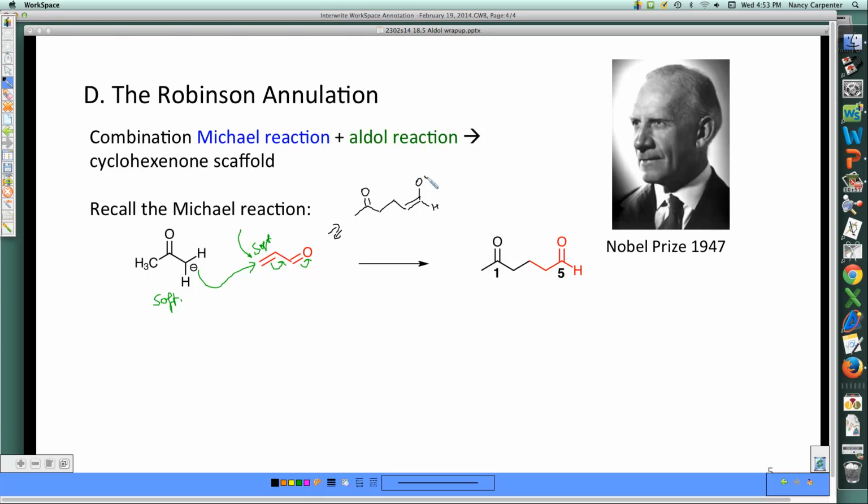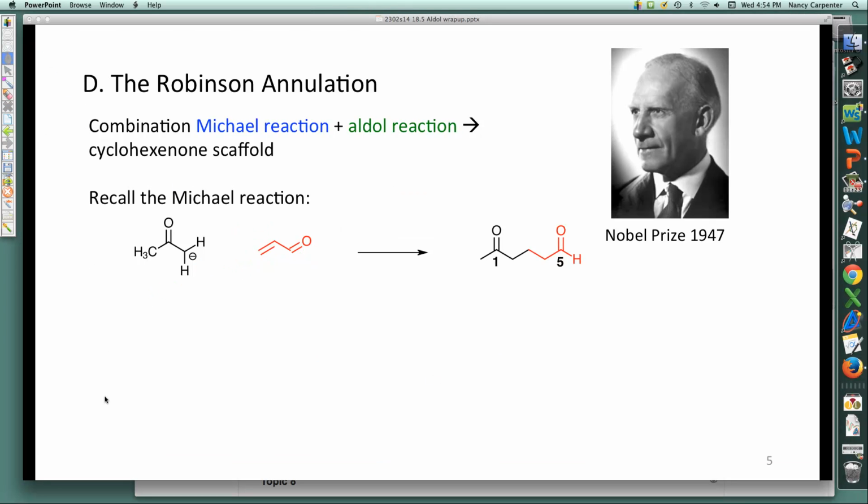Okay, so that enolate comes back down again and it gets protonated. That's not usually under acidic conditions, so negative charge swings down, picks up the hydrogen, and there's your product. The Michael reaction product invariably has a 1,5 relationship of carbonyls.